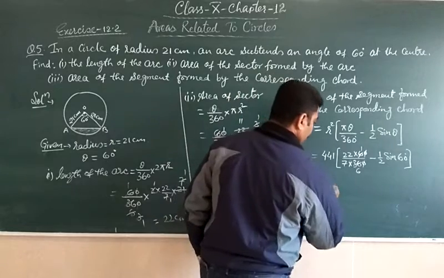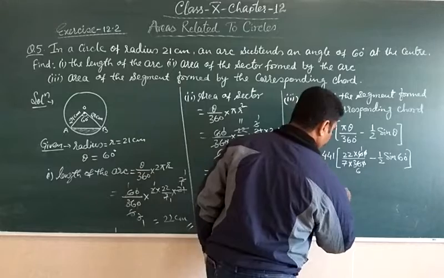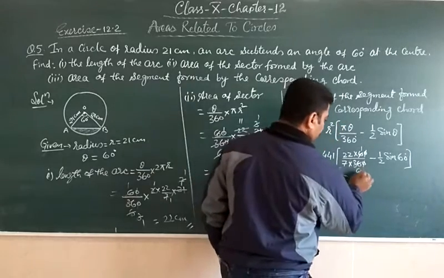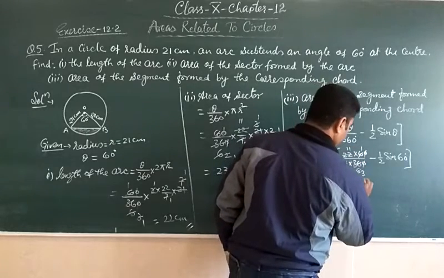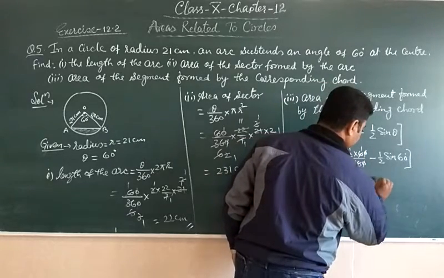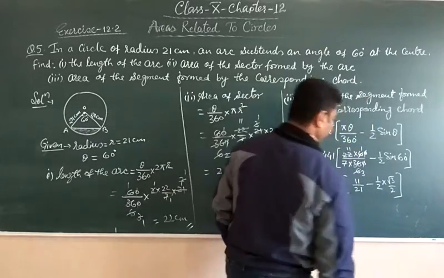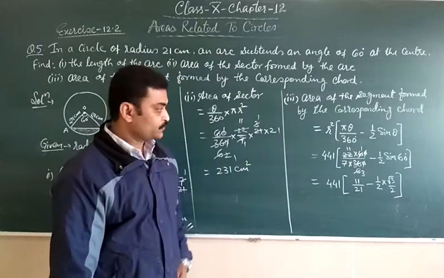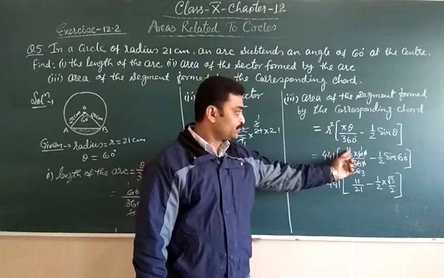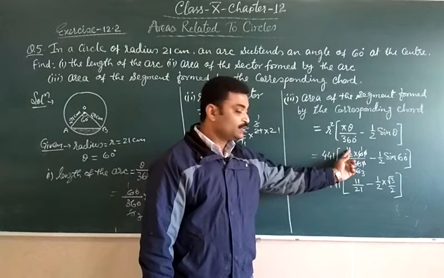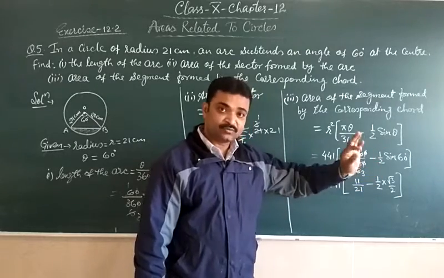Now 441, in bracket, 3 2 is 6, 2 3 is 6, 2 11. 11 upon 21 minus 1 upon 2 into root 3 by 2. Clear? Just cancel out these things. After cancelling, we have remaining 11 upon 7 3 is 21 minus 1 upon 2 into sin 60, root 3 by 2.